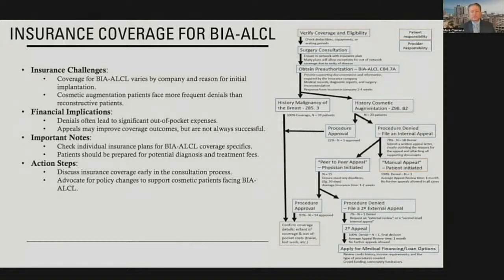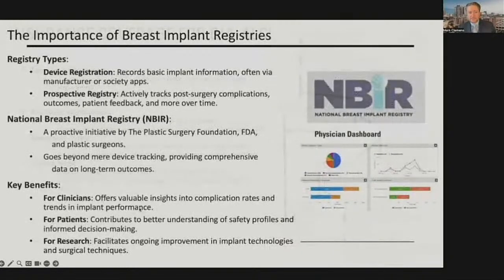And so therefore, we usually recommend patients avoid manual appeals and always choose for a peer-to-peer evaluation. Also, we've broken out what it looks like for secondary external appeals when an insurance company may turn down the first appeal process, and how that can best be found in favor of patients. It's a complicated process, but unfortunately, a lot of patients do have to go through this.